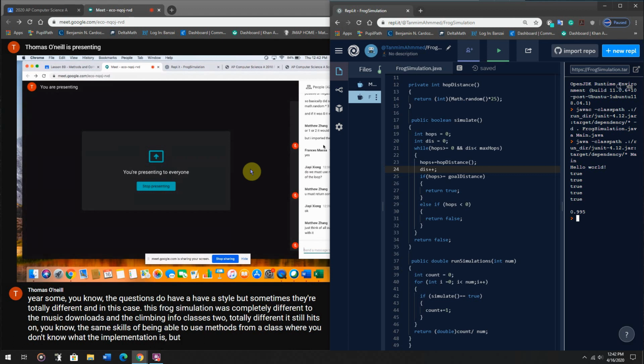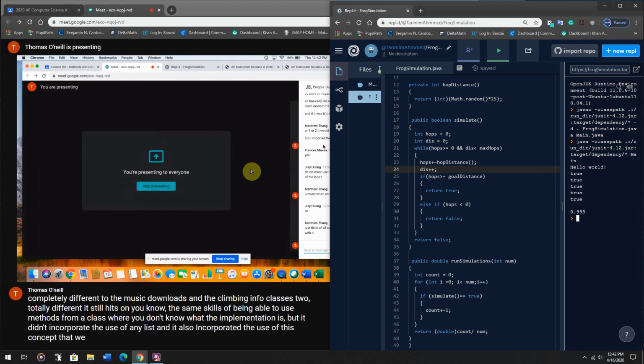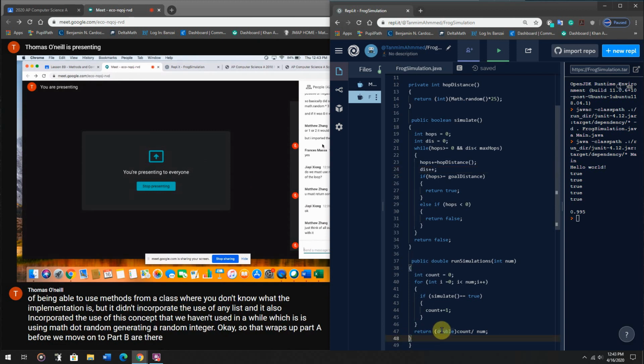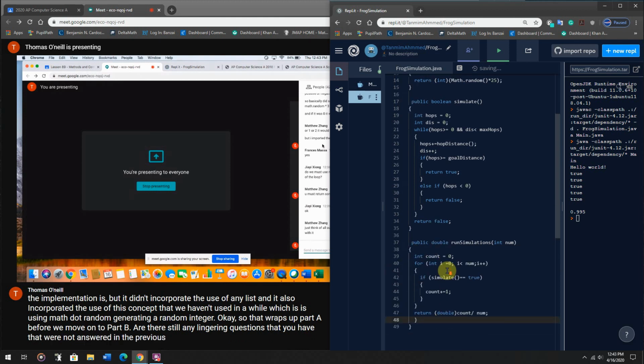but it didn't incorporate the use of any list, and it also incorporated the use of this concept that we haven't used in a while, which is using math.random, generating a random integer, okay? So that wraps up part A. Before we move on to part B, are there still any lingering questions that you have that were not answered in the previous 20 or 30 minutes?